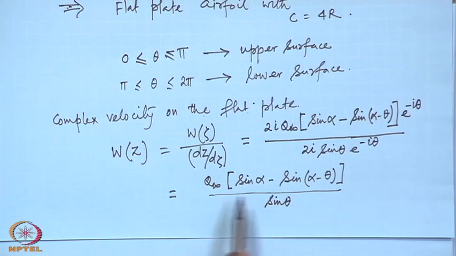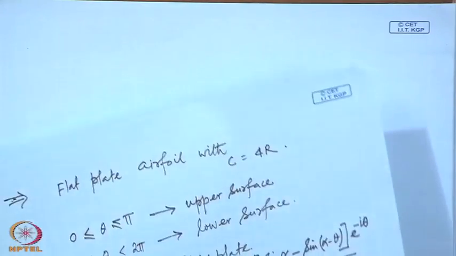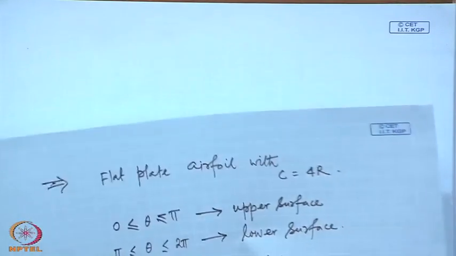Again you see that this complex velocity also has only a real component, meaning on the flat plate plane the flow velocity is simply along x axis, that is tangential to the flat plate, which is as it should be, because the normal component of velocity by boundary condition is 0, which was satisfied on the circle.